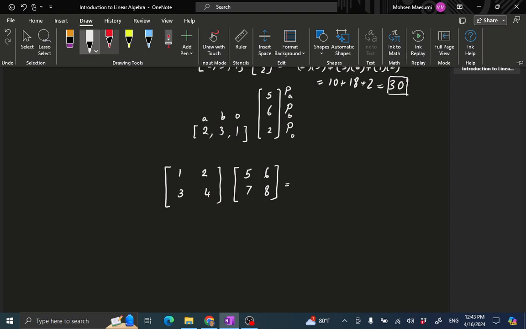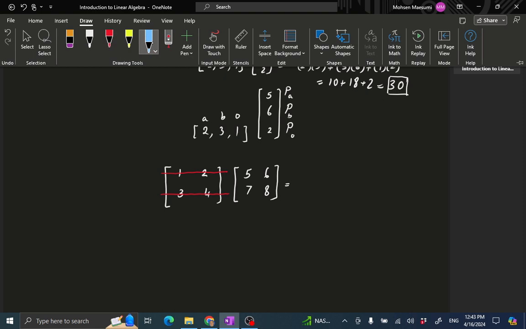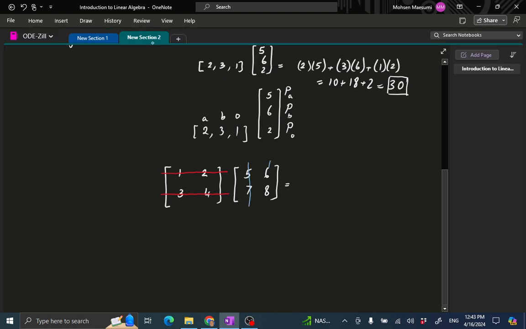Well, what it is going to be is a repeated act of taking rows from the first matrix. So here are my rows. Let's indicate them with red, and then let's take the second one and break it up into columns.